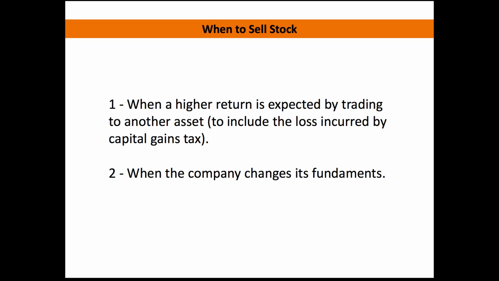The first rule is he'll sell the shares if he can expect a higher return by trading into another asset. What he takes into account when he conducts that transfer is that he has to account for the capital gains. And something else I'd like to add is that not only does he account for the capital gains he's going to pay and lose when he transfers assets, but he also takes into account the level of risk as he moves from one asset to the other.